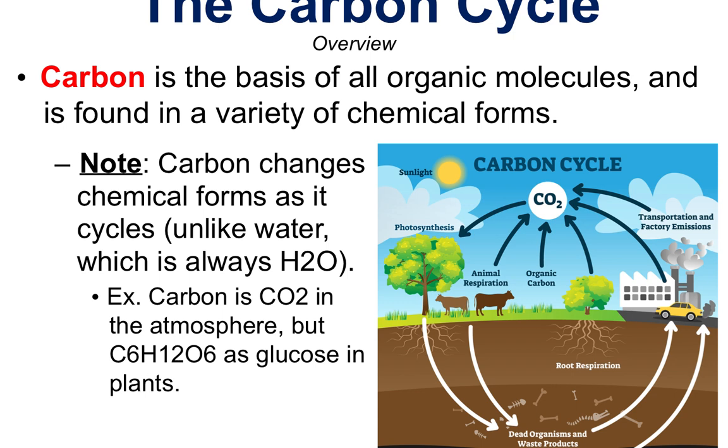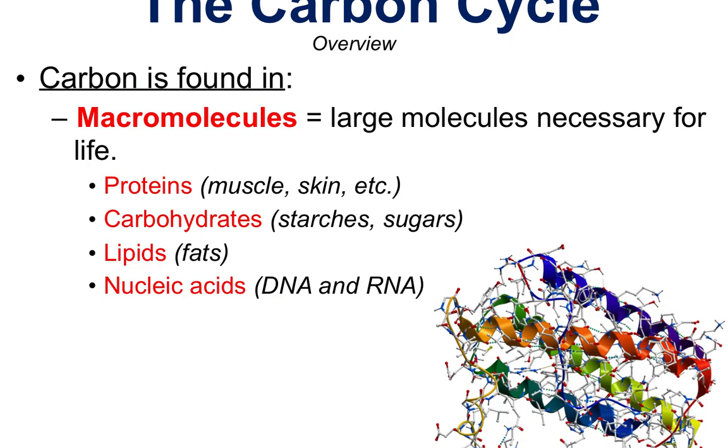Carbon can interact with a lot of different elements and become different things. Like carbon dioxide is a gas that's usually in the atmosphere and trapped under lower places. In pollution, we'll talk more about that too. But it also is found in things like glucose.